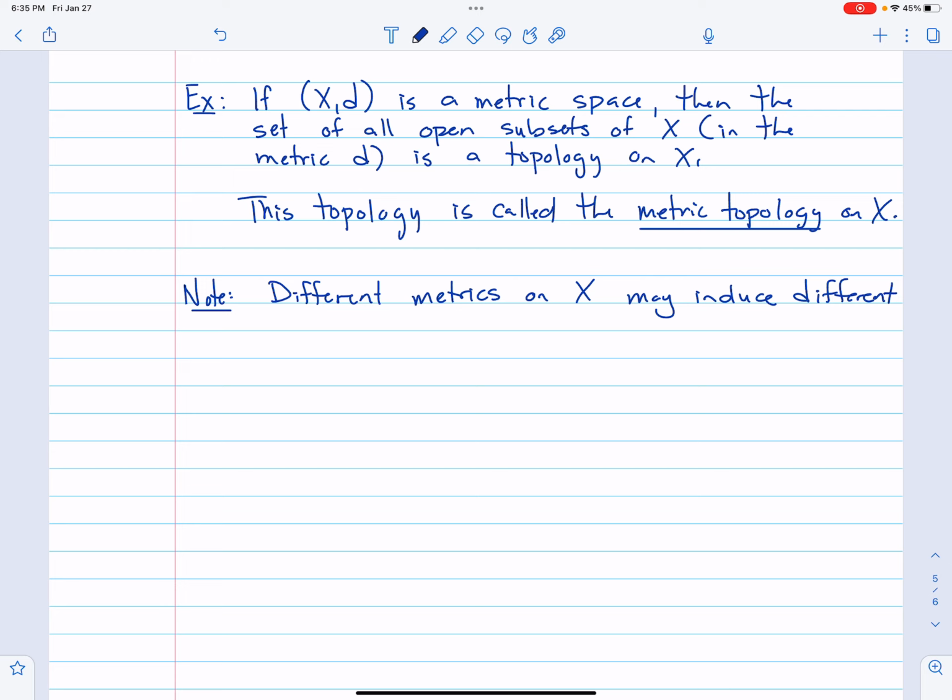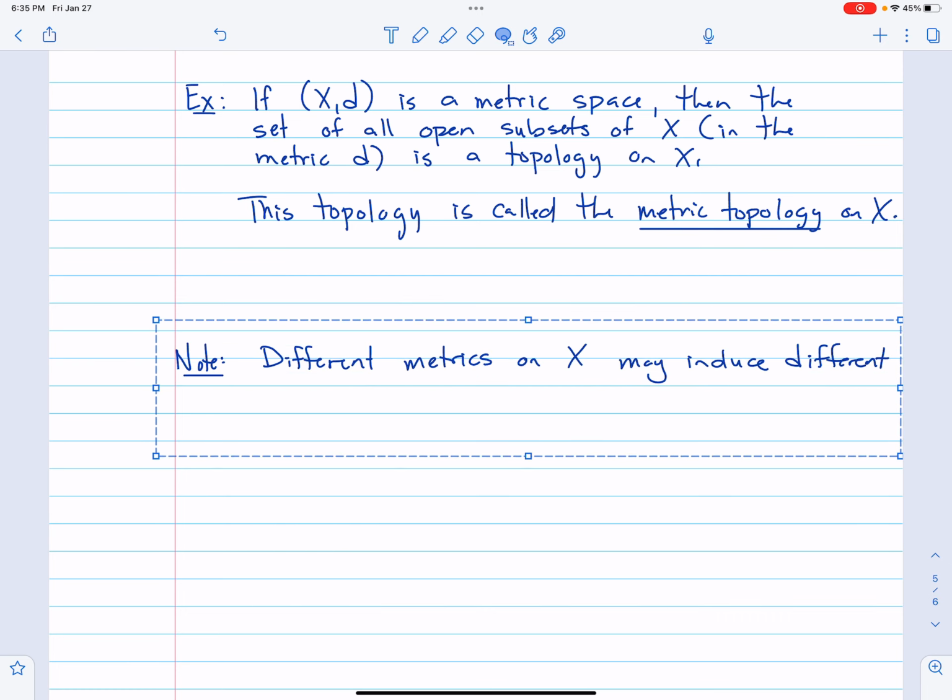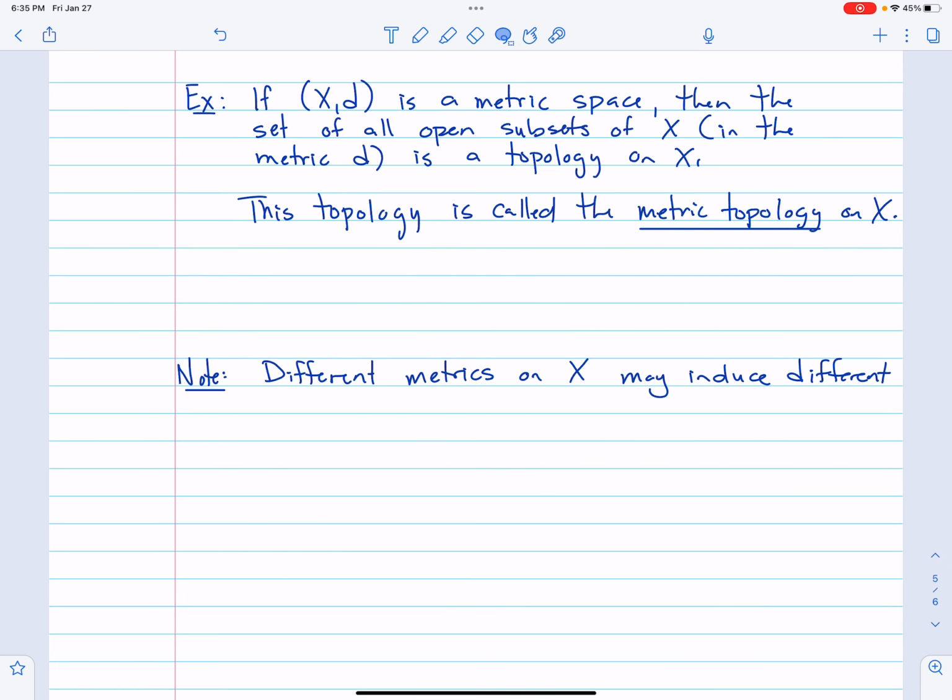Oh, you know what? I should be a little bit more precise in my language here. So I said this topology is called the metric topology on X, or let's say the metric topology induced by D on X. I want to explicitly note the metric D, because if I have two different metrics on my set X, I could get two different topologies.